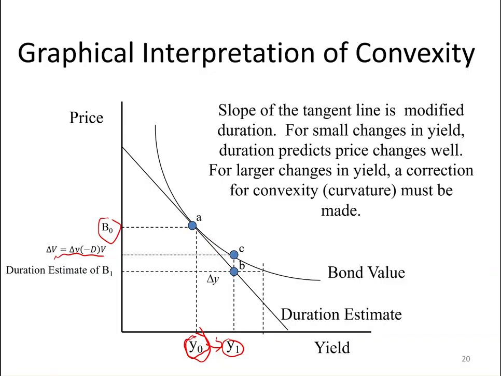However, we know the price-yield relationship is convex, so we know it's probably a little bit higher than that because the function is convex. So we have a pricing error because of this convexity. And we can adjust or correct the duration estimate by making an adjustment for the convexity of this function.